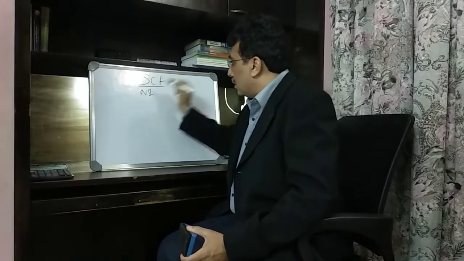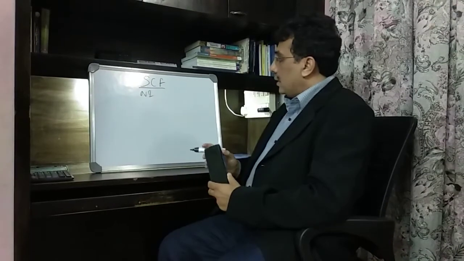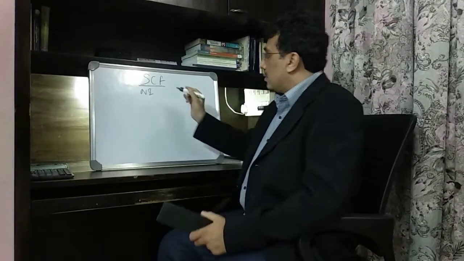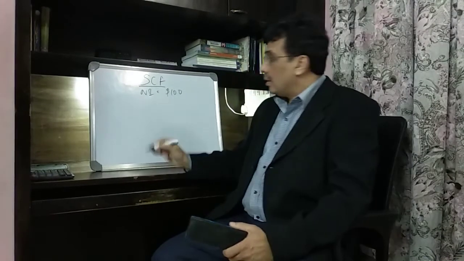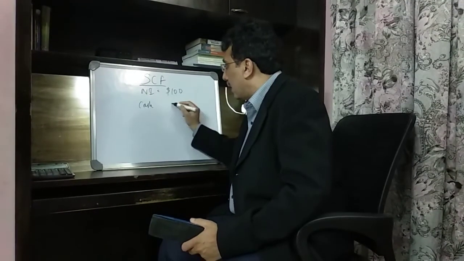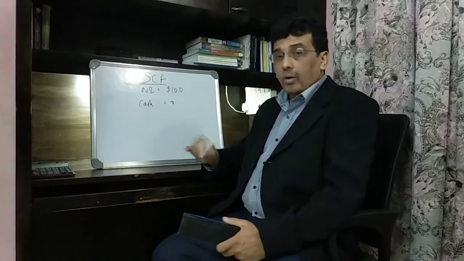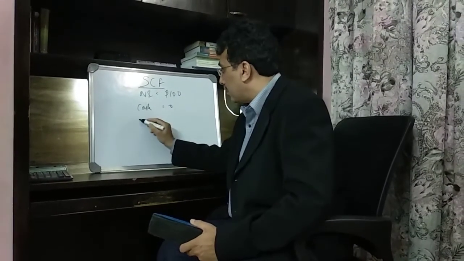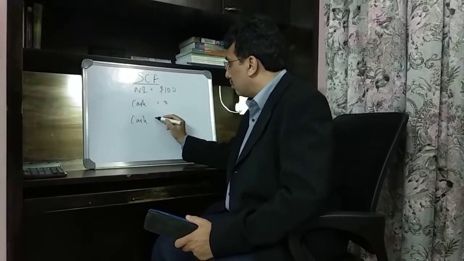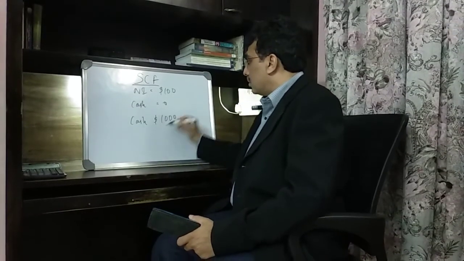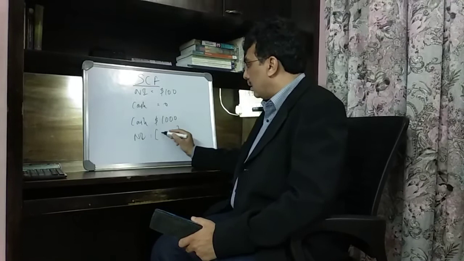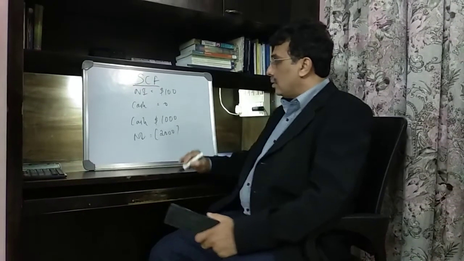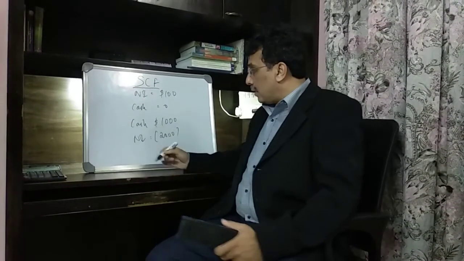So what are you going to do here basically? Sometimes it may so happen that you have an income of, let us say, 100, but you don't have any cash. Or you are having plenty of cash, let us say 1,000, but you are in a loss situation. Okay, it happens quite often.